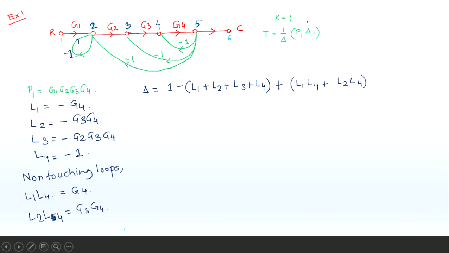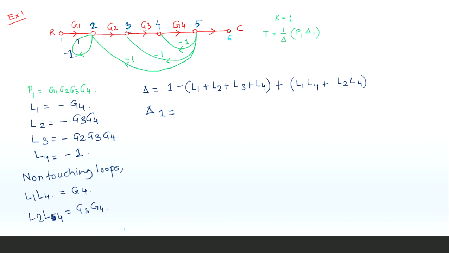Now what is delta 1? Now we have to find delta 1. I have to find all the possible combinations of individual loops or non-touching loops which are not touching the first forward path. Just look at this diagram and tell me, is there any loop present in this diagram which is not touching the first forward path?